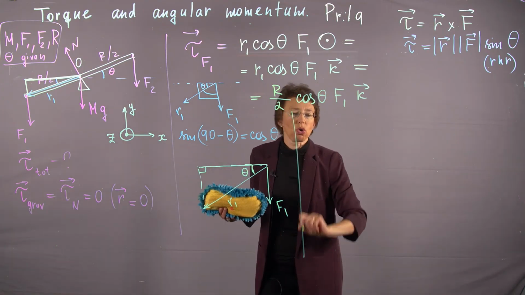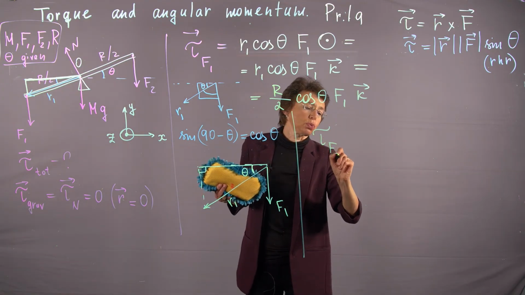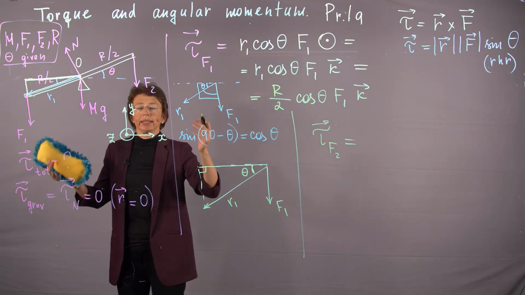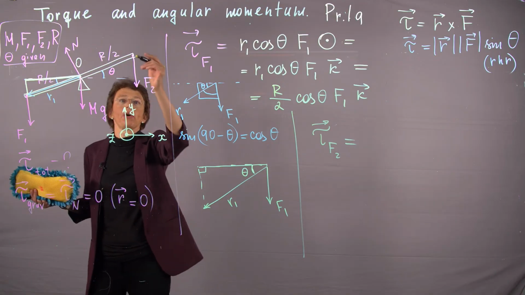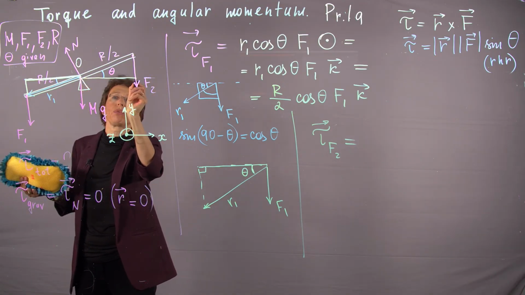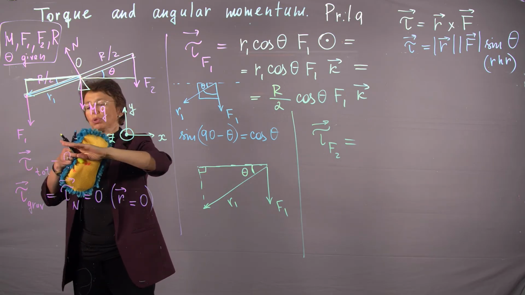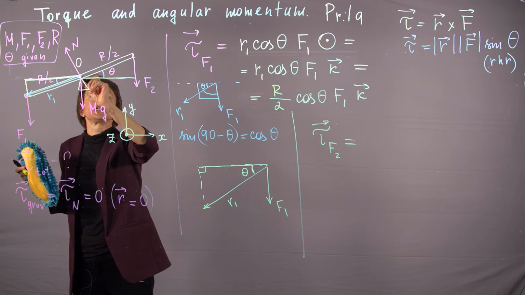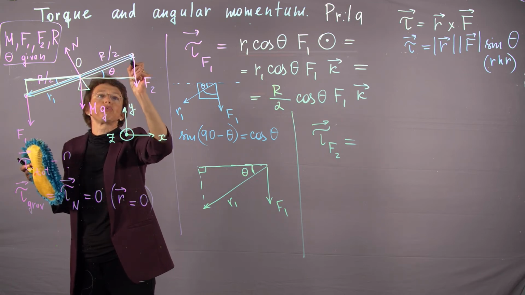Now we find the torque created by F2. Again, I'm looking for perpendicular components. This is F2. Let's draw R first. R2 will be from the pivot to the point where the force is applied.